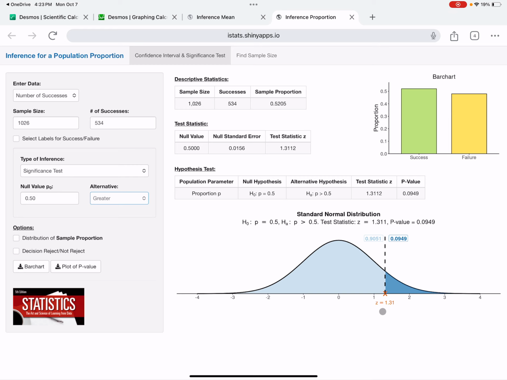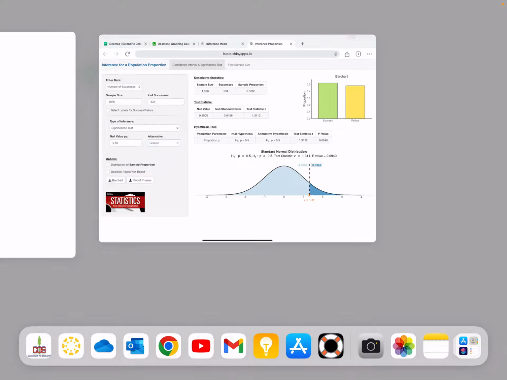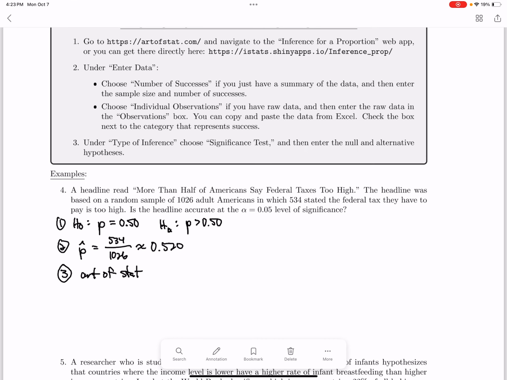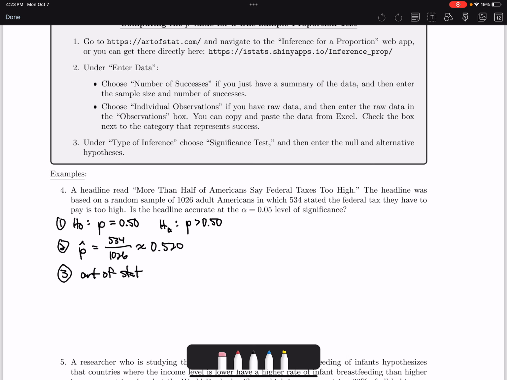All right, so let's write some stuff down. 0.0949 was our p-value. We put in the number of successes, x, which was 534. We put in the sample size, n, which was 1,026.